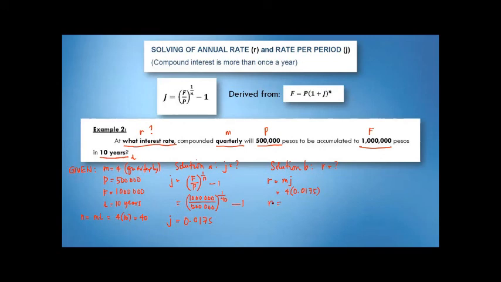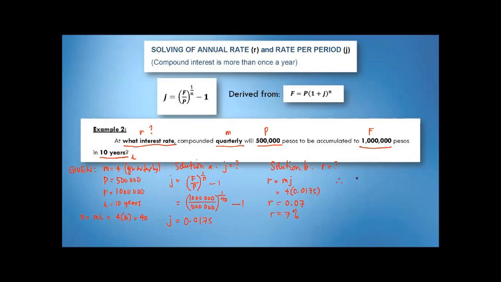Ang sagot pa rin dito ay decimal, pero sakto na siya hanggang 2 decimal. So that is 0.07. Dahil kailangan natin naka-percent ang rate, itong 0.07, ita-times natin sa 100 para maging percent. So that is 7%. Ito na yung final answer natin.